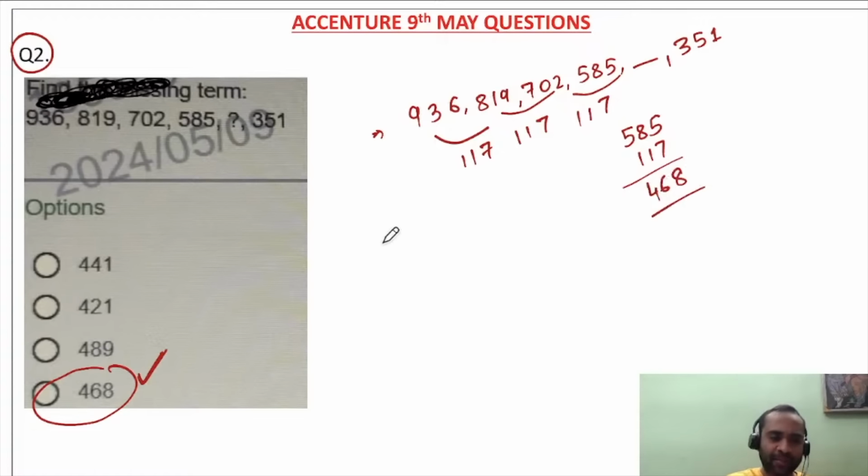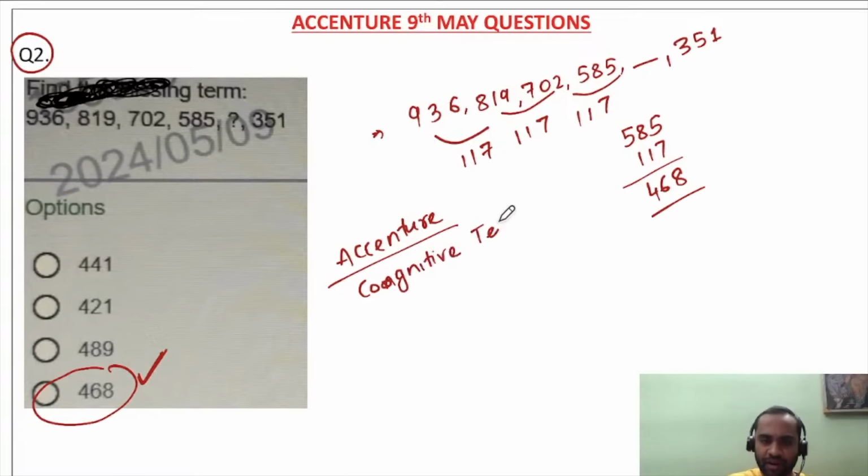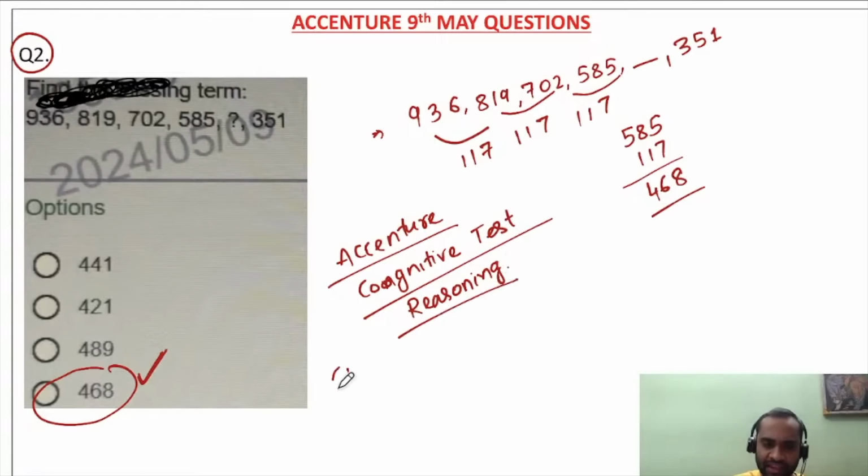Friends, in Accenture, basically what happens? If you write the Accenture examination, the topic will be the cognitive test. In the cognitive test, you will only have reasoning. In reasoning, you will have topics like number series.